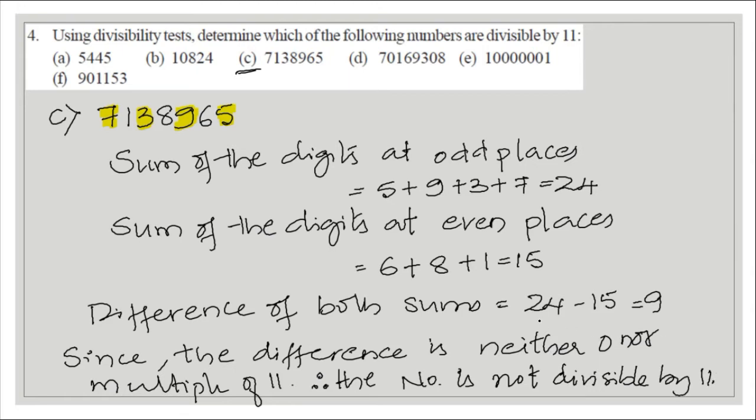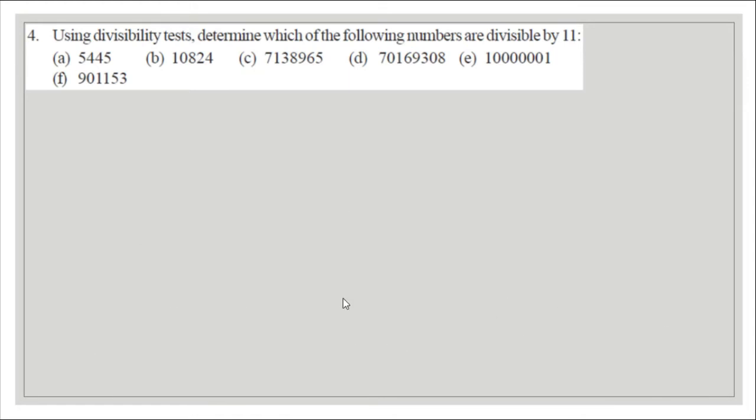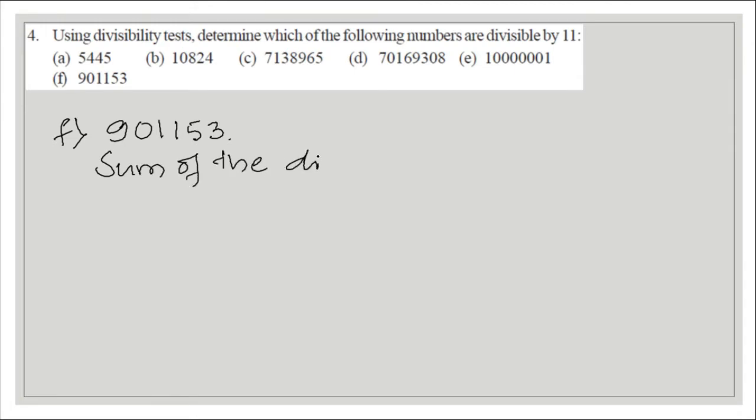Let me consider one more question in random so that you will understand. Let me consider the last one, F. Here the given number is 901153. Let me find out the sum of the digits at odd places.